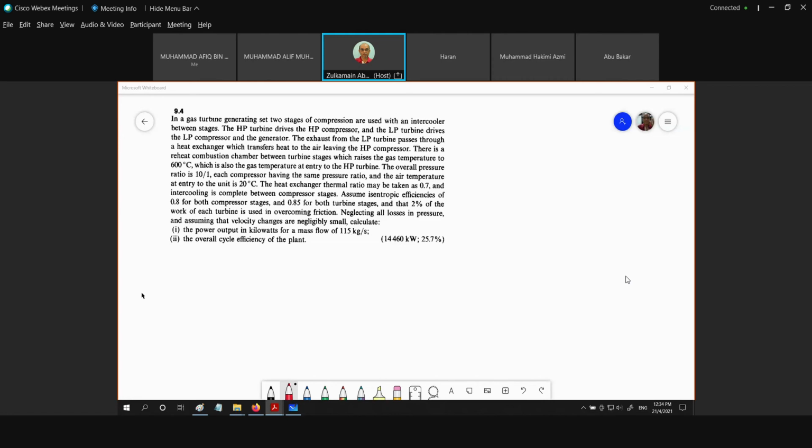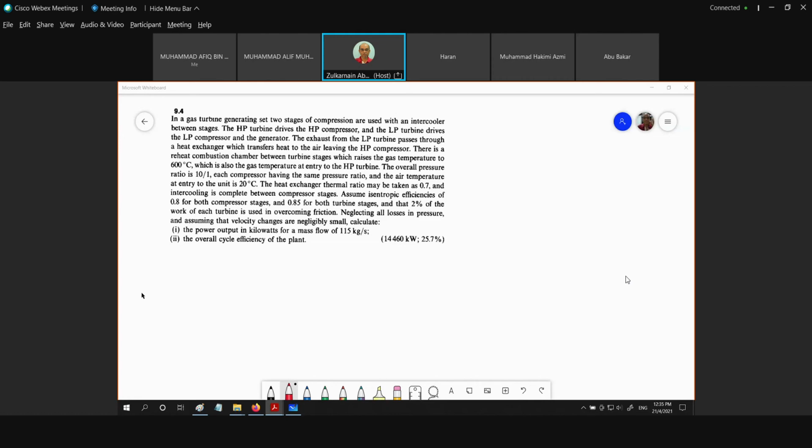Assume isentropic efficiency of 0.8 in both compressor stages and 0.85 for both turbine stages, and that 2% of the work of each turbine is used to overcome friction, neglecting all losses in pressure, and assuming the velocity changes are negligibly small. Calculate the power and also the cycle efficiency.